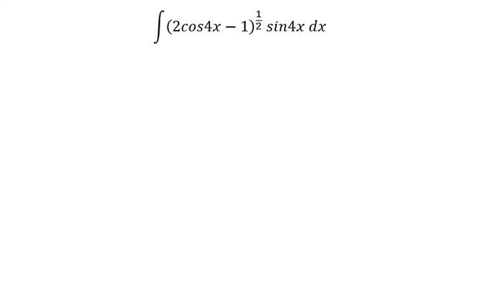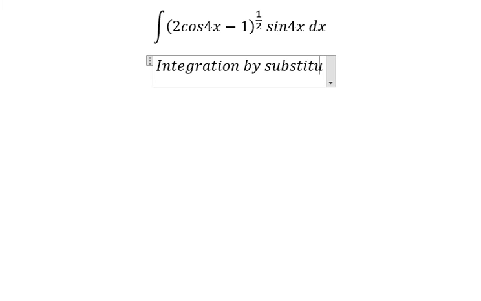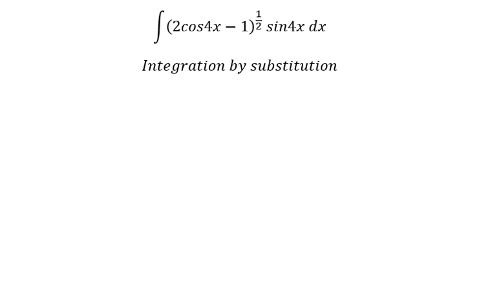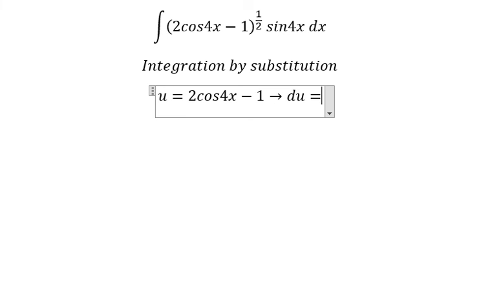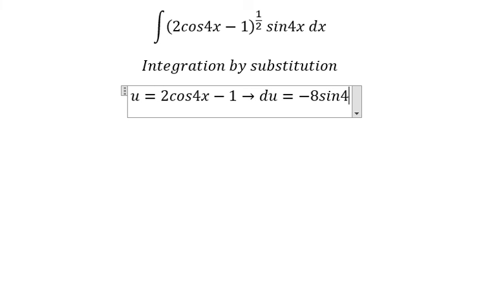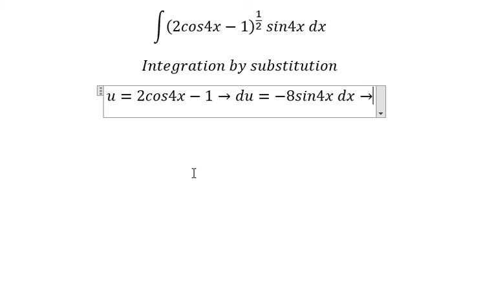Question number 2, we can use integration by substitution. So I will put u equals to this one. After that, we take the first derivative of both sides, and we have negative a sin 4x dx.